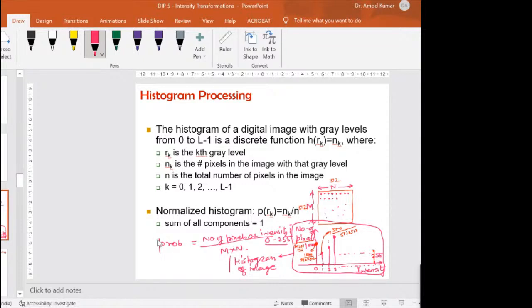That is the probability associated with the ith intensity. So that will be proportional to this. Now you understand what a histogram is. Sometimes this probability density function is also called a normalized histogram.